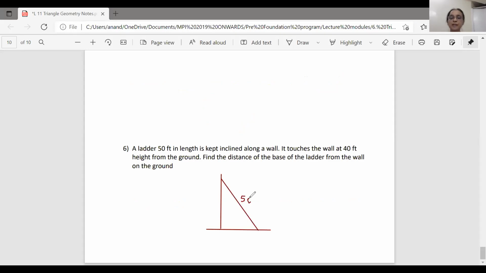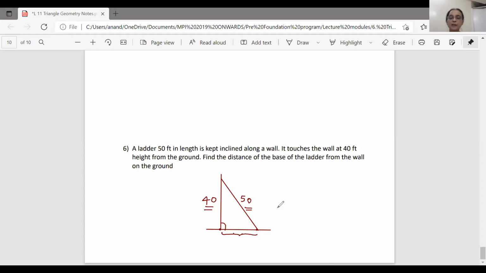It touches the wall at 40 feet height from the ground. So this height is 40 feet. Find the distance of the base of the ladder from the base of the wall. So I want this. Is this a right angle triangle now? Yes, ma'am. The hypotenuse. This is one side and I want to find this side.